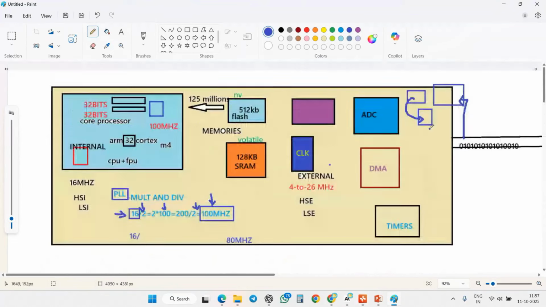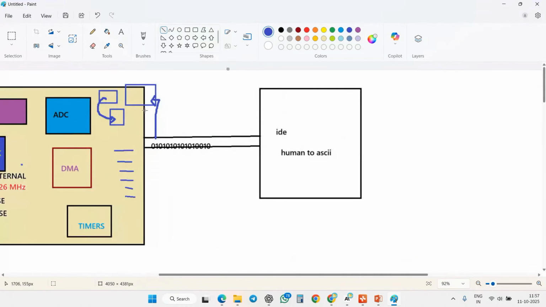If you have a board, it has multiple GPIO pins exposed externally. So what is the purpose of each and every GPIO pin?